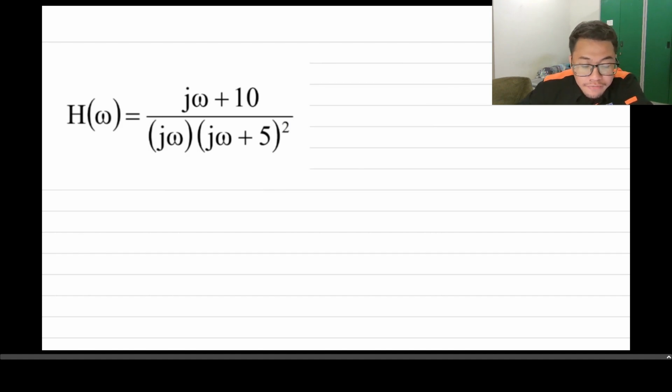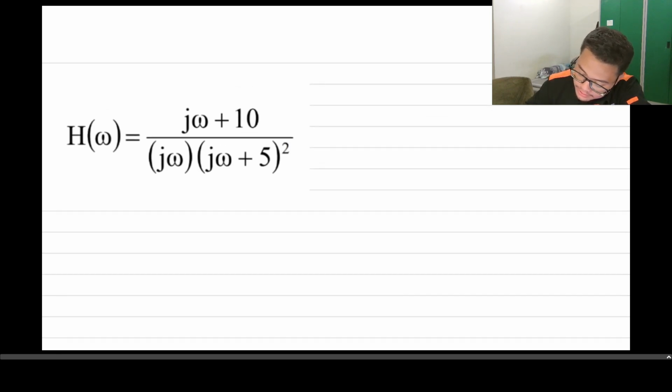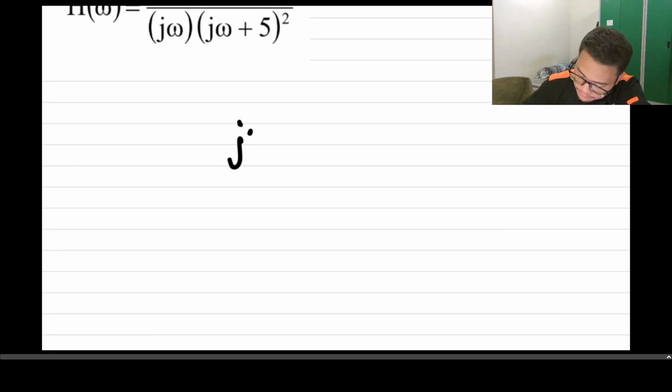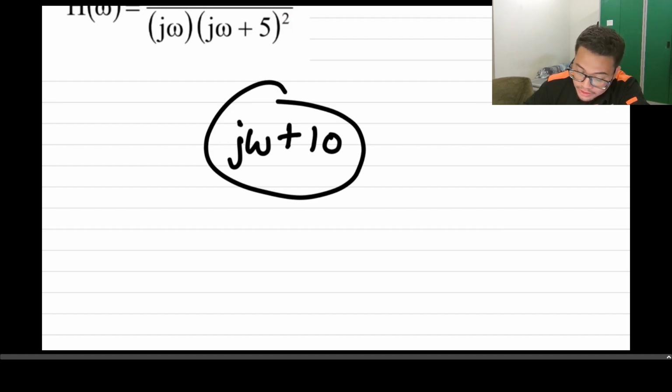Okay, so after we identify all the elements of the transfer function, now we can simplify the transfer function into standard form. So I pick the first term, that is j omega plus 10. In standard form, the j omega must be added with the value of 1. So to make a value of 1, we must divide all the terms inside the bracket, without changing the denominator.